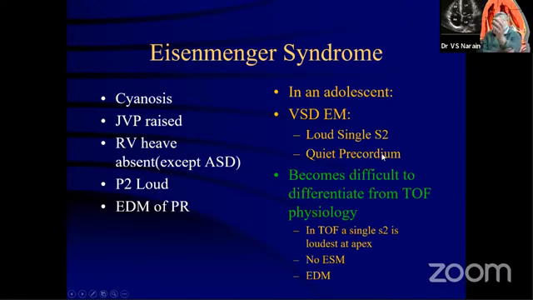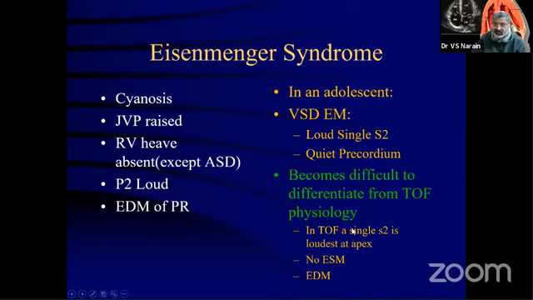And there is something which is often difficult for one to differentiate. That often you make the diagnosis of tetralogy physiology and it turns out to be Eisenmenger VSD, and you make a diagnosis of Eisenmenger VSD and it turns out to be tetralogy in a situation where you do not have any history of recurrent respiratory tract infections in the early childhood. So what do you do?